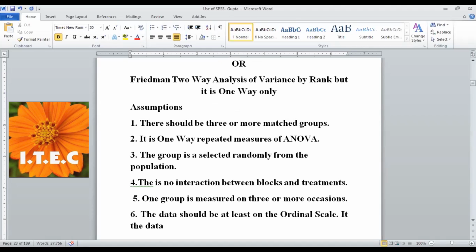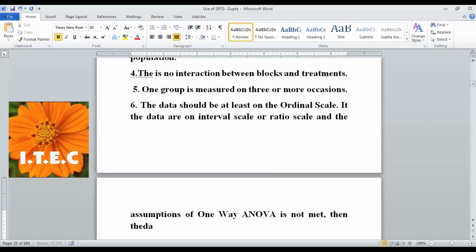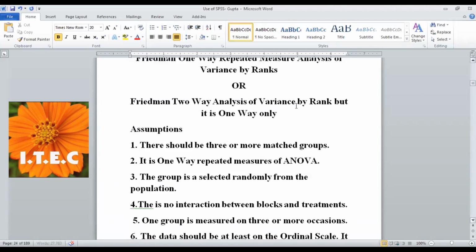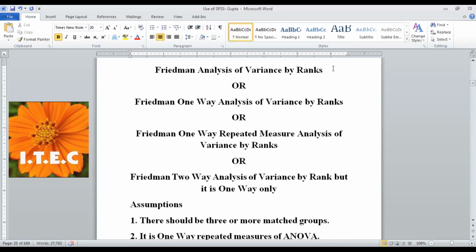If the data are on interval scale or ratio scale, and the assumptions of one-way ANOVA are not met, then the data can be analyzed with the help of Friedman analysis of variance by rank.